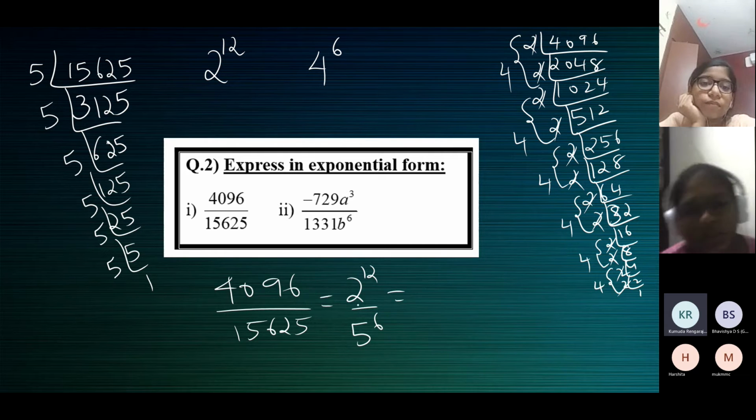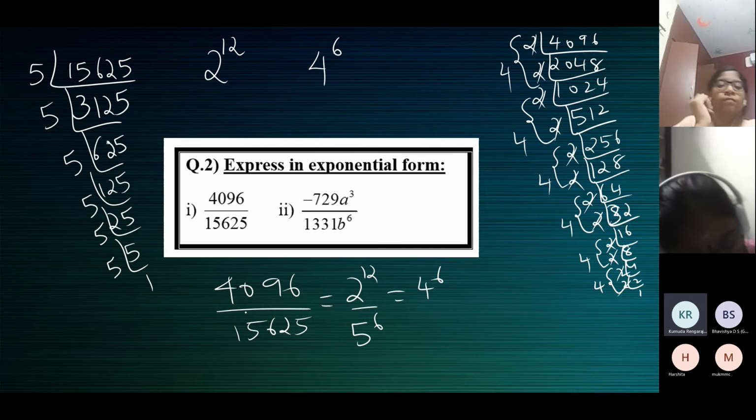So we choose to write 2 to the power 12 as 4 to the power 6. You can write that straight away in the first step itself. Anyways, you would have found the prime factors for both. For the denominator, you're getting 5 to the power 6, and the numerator is 2 to the power 12.